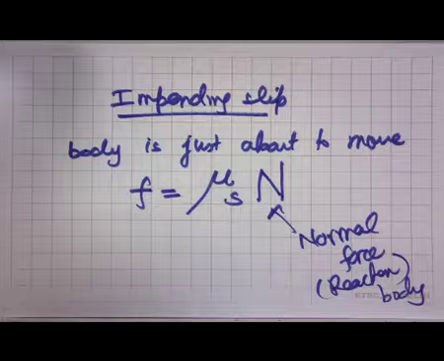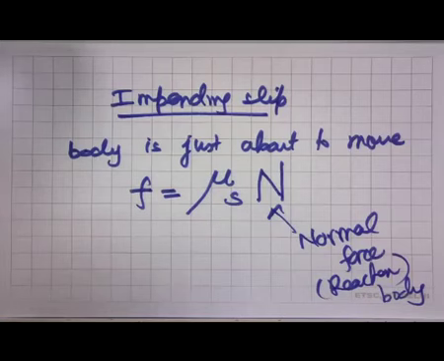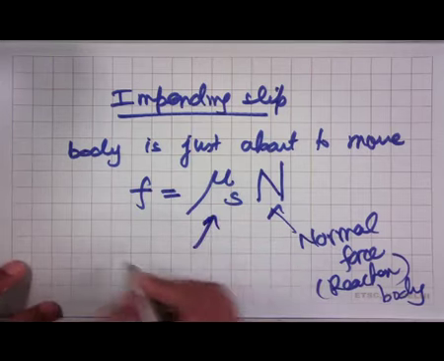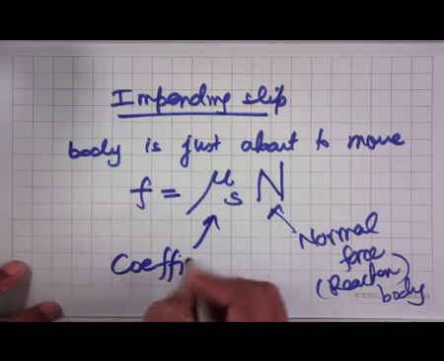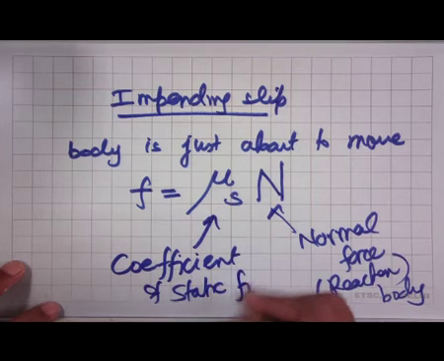So, when we have a case of impending slip, friction is directly proportional to the normal reaction, and the constant of proportionality is given by mu s, and this is called the coefficient of static friction.